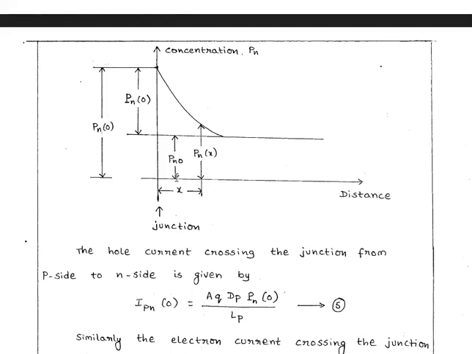Here it will be Pn0, that is the open circuited holes in the n-type region. This is Pn(0), that is the hole concentration in the n-type region at 0 distance.